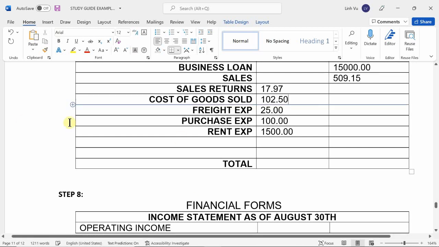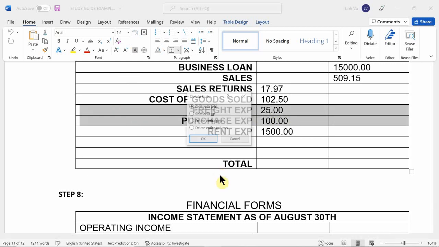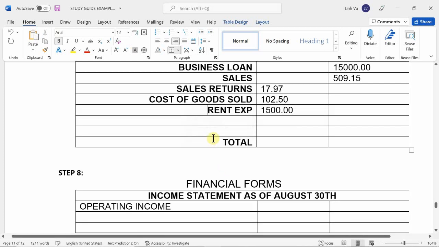Freight expense and purchase expense are zeroed out, so you can either choose to keep it or delete it. In this case, I'm going to delete it. Okay, so there you go.